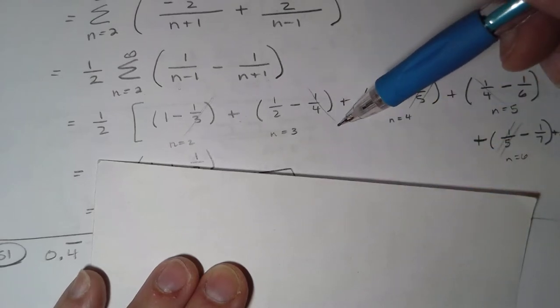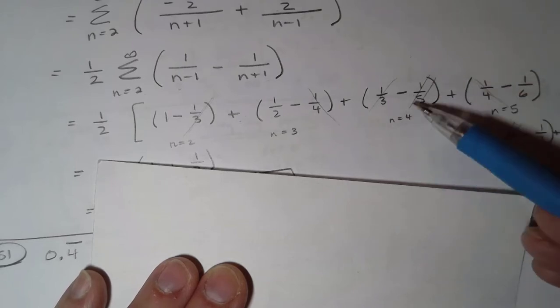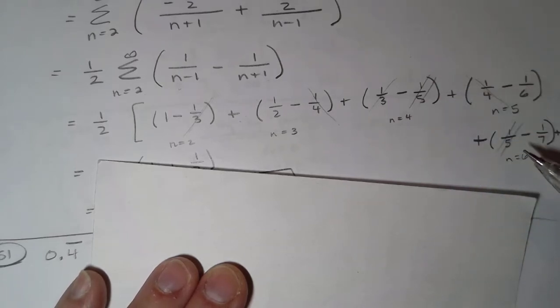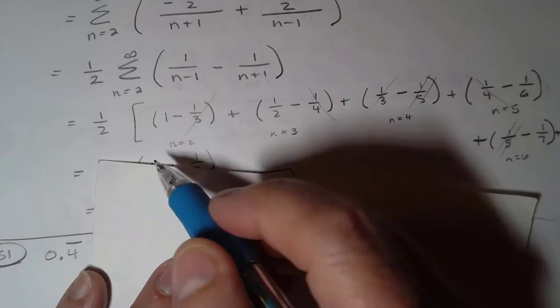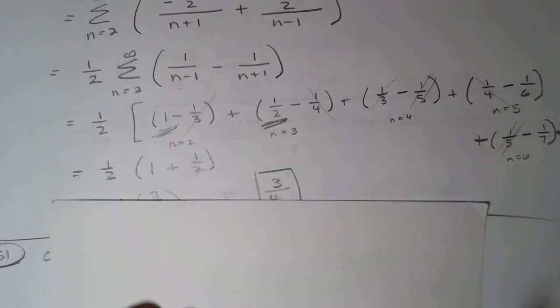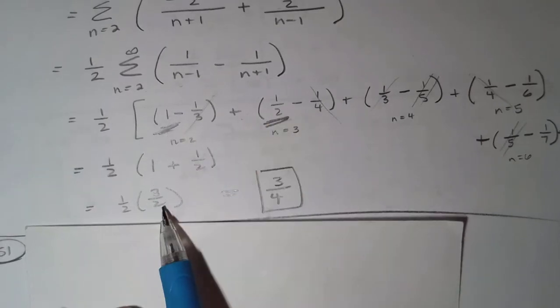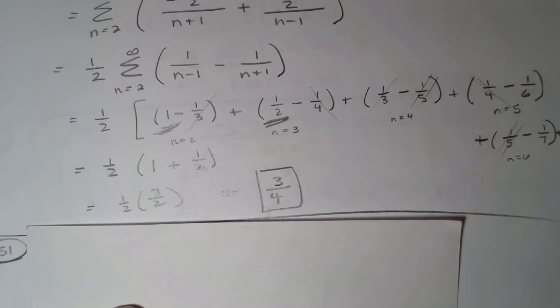This -1/4 cancels with that +1/4. This -1/5 cancels with that +1/5. So you can see all of the remaining terms except for this one and this one are going to drop out. So we get 1/2 times 1 plus 1/2, which is 3/2. Answer is 3/4. Really nice.